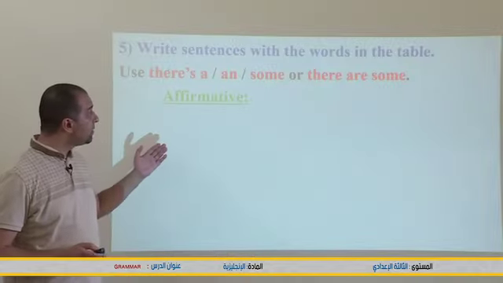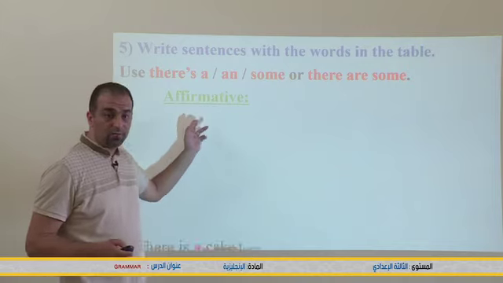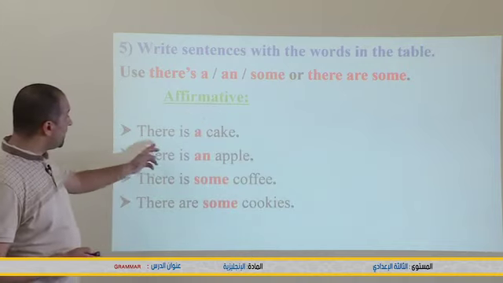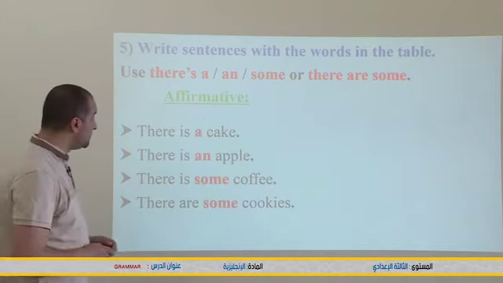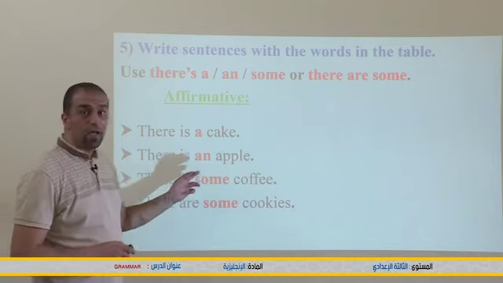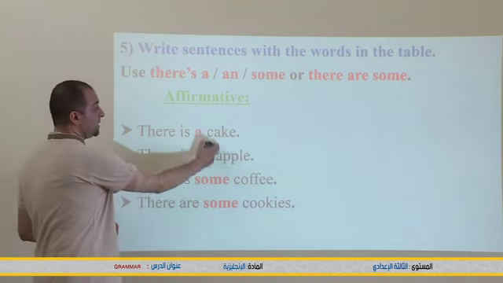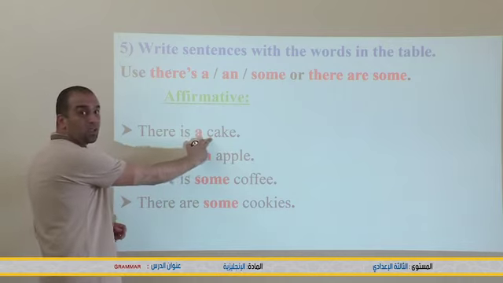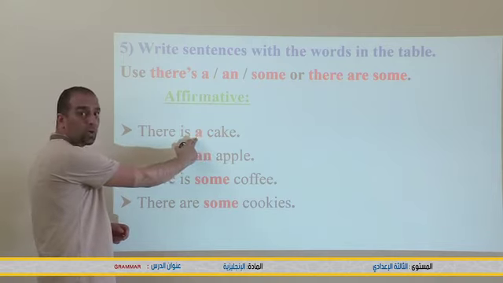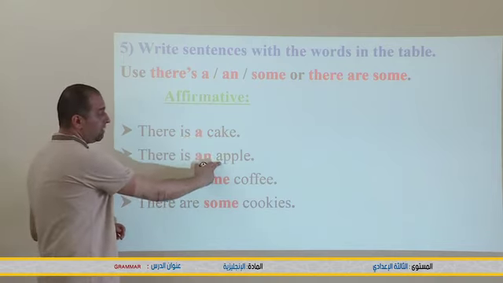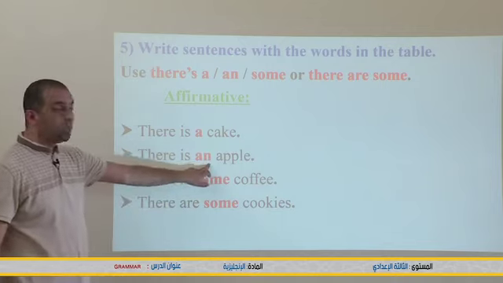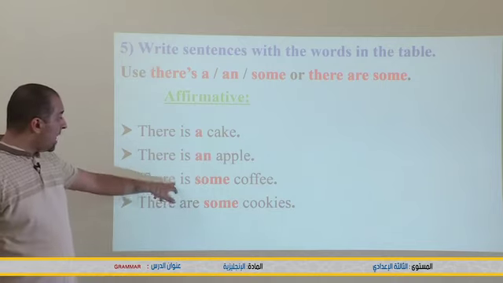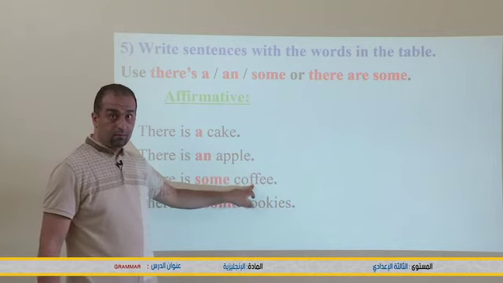So here are my examples to you which are affirmative. There is a cake. There is an apple. So singular countable noun. The difference is here you have a consonant, cake, C, it's a consonant, that's why we write A, and here you have a vowel, that's why we have N. Uncountable noun, coffee.